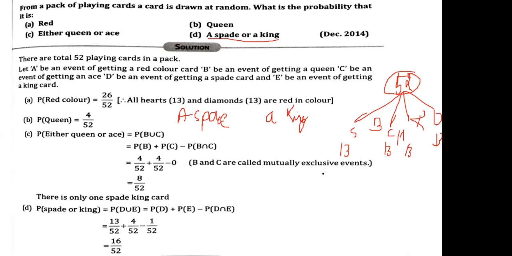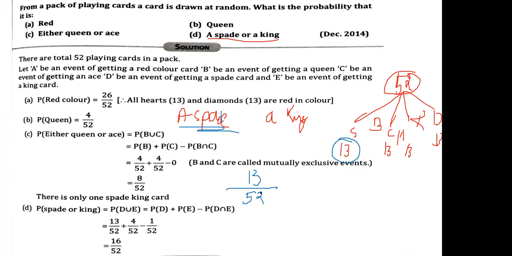Now how many spade cards are there in the complete 52 set? There are 13 spade cards in the set of 52. So the probability of getting a spade is 13 by 52.